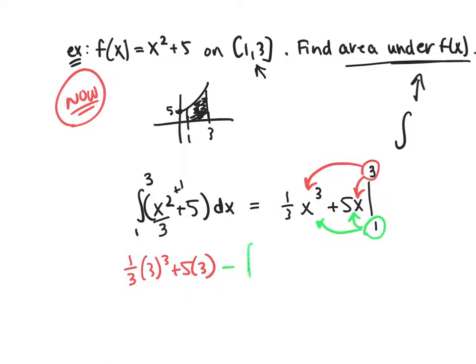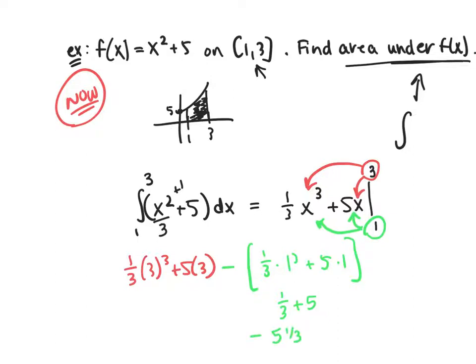Now here's where you have to be really careful. You're subtracting this quantity. So it's 1/3 times 1 to the third. So 1 to the third, of course, is just 1, plus 5 times 1. All of that is going to be subtracted. So I have a 1/3 plus a 5, or 5 and 1/3 right there.